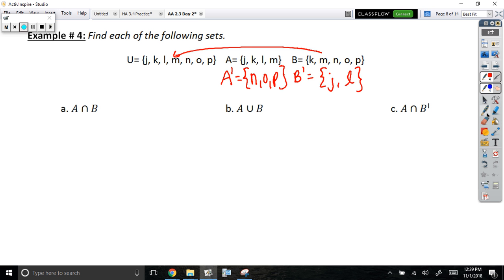Some of them will get harder. First one is an intersection. So we're looking at set A and set B, and we're saying, what do they have in common?